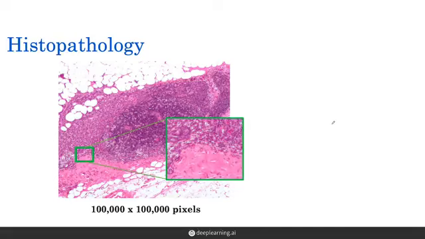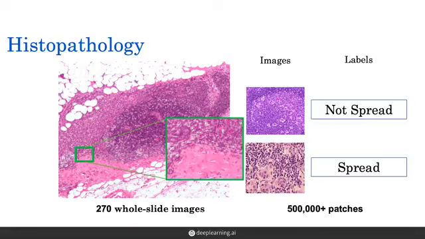Now, in histopathology, the images are very large and cannot be fed directly into an algorithm without breaking them down. The general setup of these studies is that instead of feeding in one large high-resolution digital image of the slide, several patches are extracted at a high magnification and used to train a model.